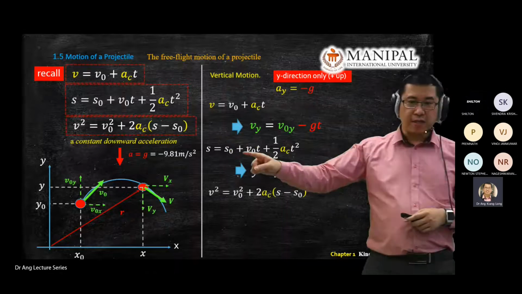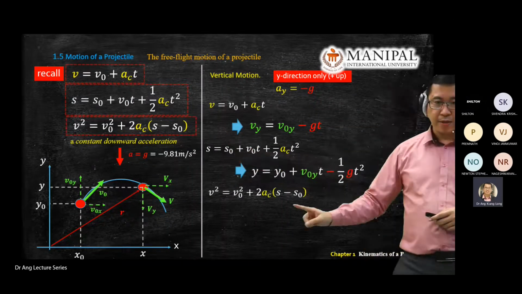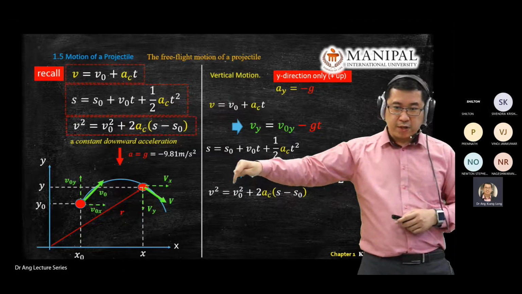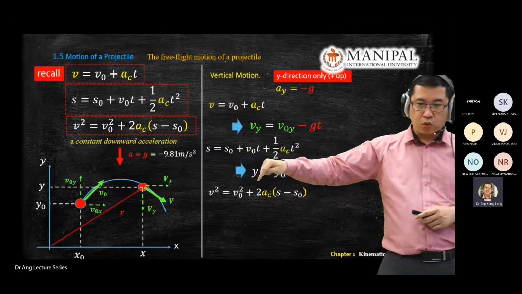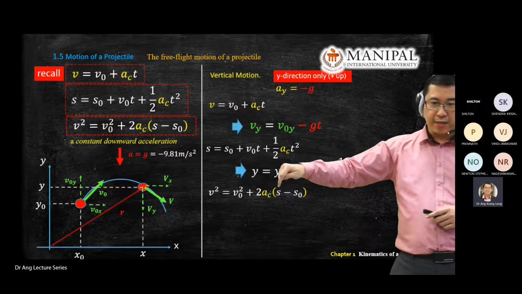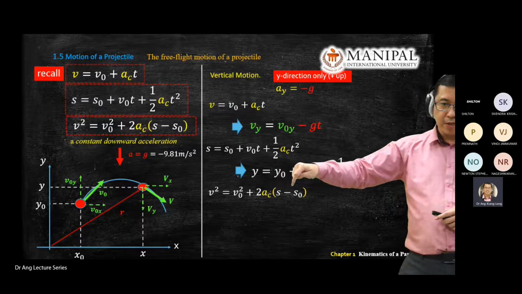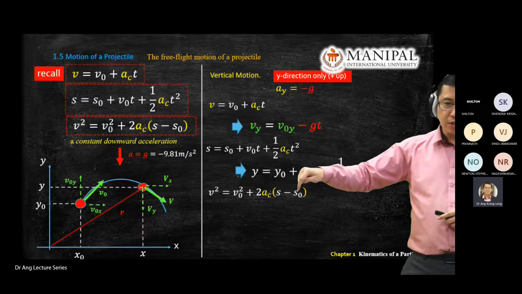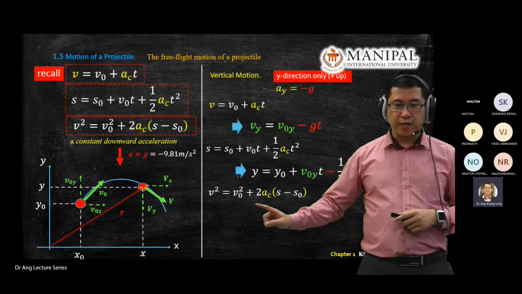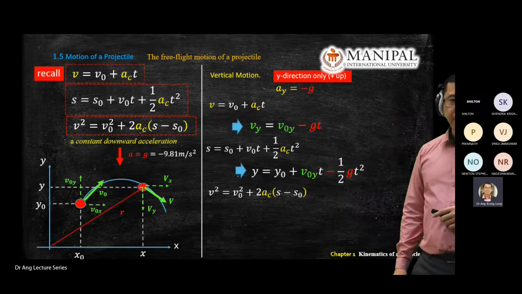I copy the Newton equation. Again, velocity at the last point, velocity at the first point, 2 AC, constant acceleration. S is the final position, minus S0 is the original position. You modify and focus only on the vertical Y direction.